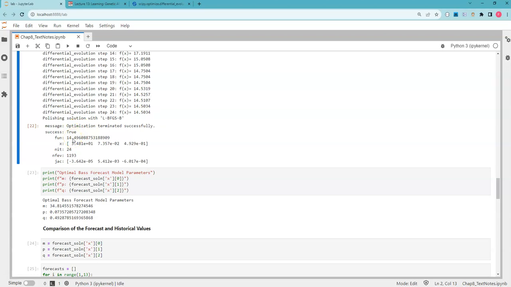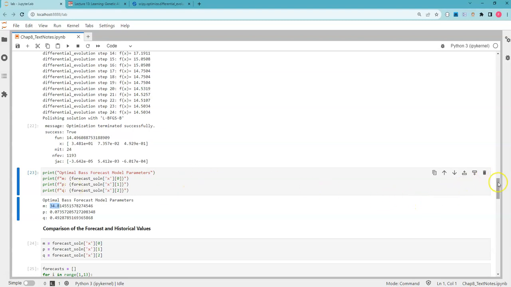Just like the other results that came out of SciPy, the X property holds the parameters, in this case M, P, and Q in positions 0, 1, and 2. For this specific application, our M is 34.8, P is roughly 0.07, and Q is 0.49. That gives you a feel for the total audience that's going to adopt your product, the coefficient of innovation, and the coefficient of imitation.